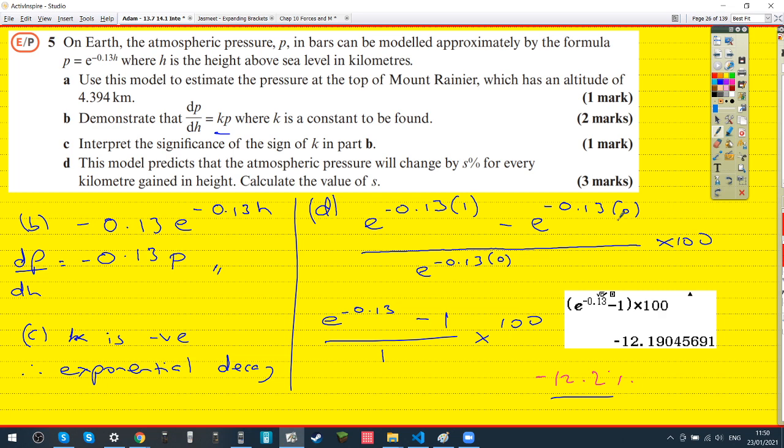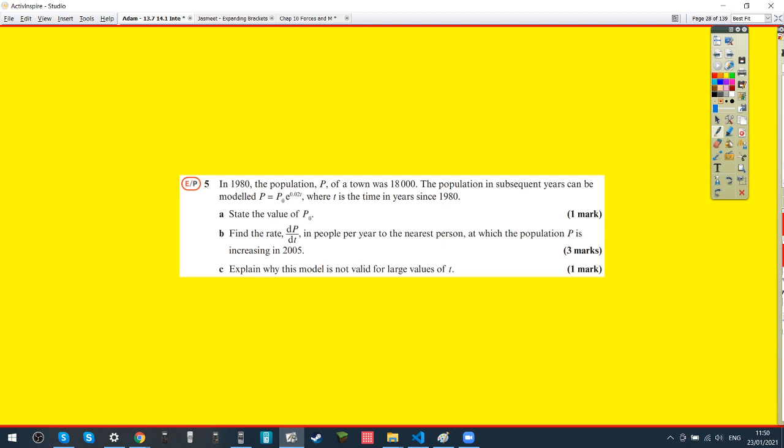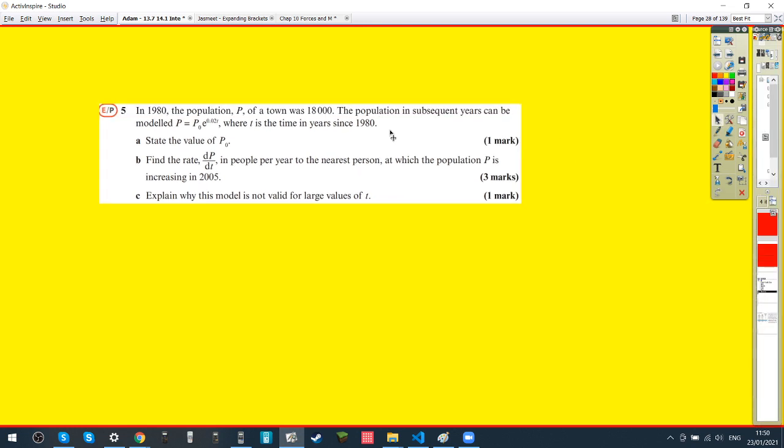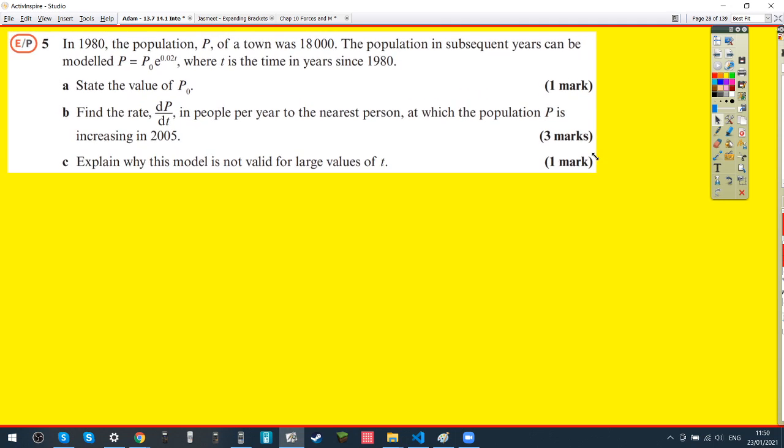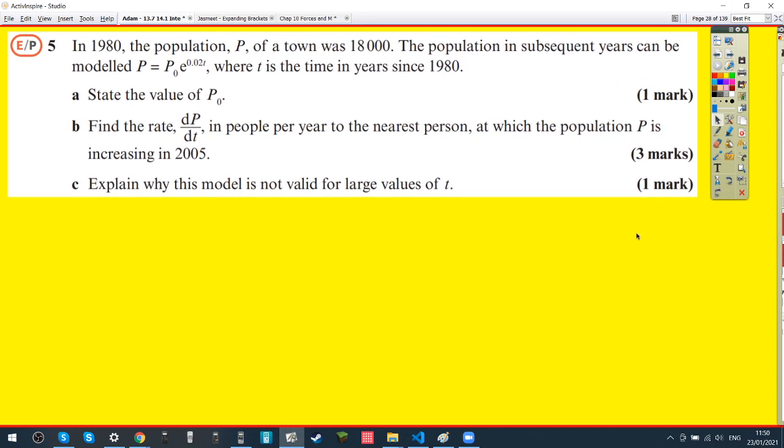Right. Let me take a look. Any idea what A is about? So it just wants e to the power of 0.02t. State the value of P naught.